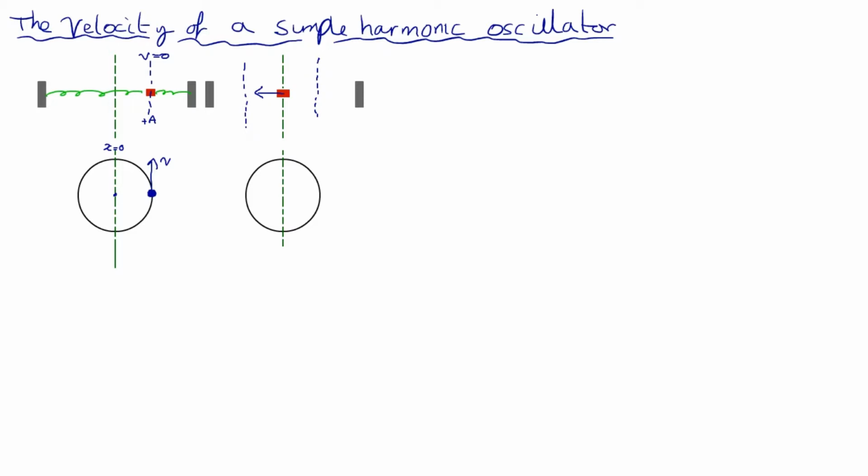Looking at our auxiliary circle, that's the moment where all the velocity of the circular motion is in the same direction as the line of the oscillator. So that's why velocity here is the max it can be when it's going through equilibrium.